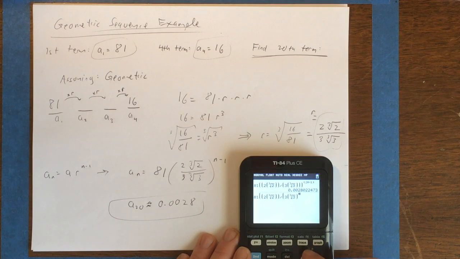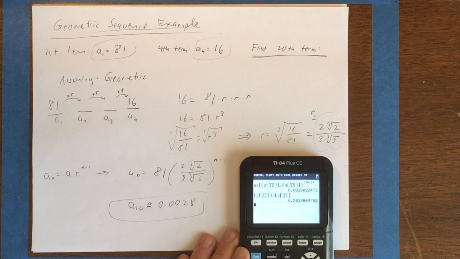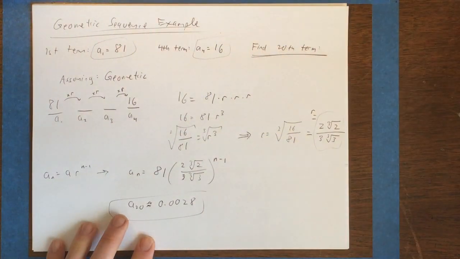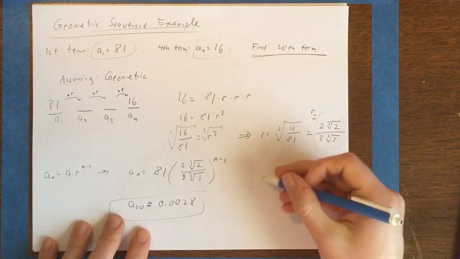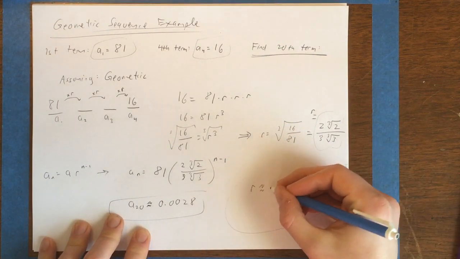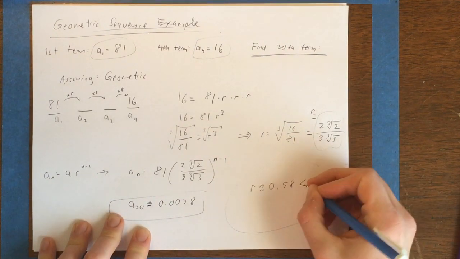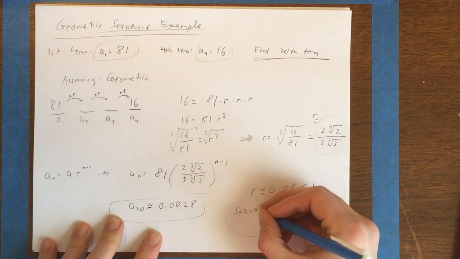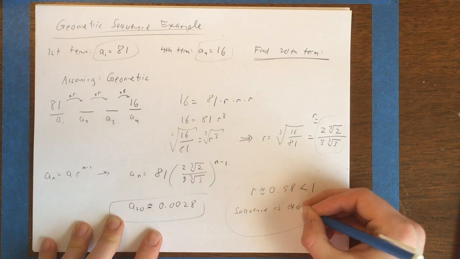Get rid of this exponent, and let's get rid of the 81 in the front. Okay, so 2 times the cube root of 2 divided by 3 times the cube root of 3. That's 0.58 approximately, right? It's an irrational number. But what we have here is a situation where r is about 0.58, which is less than 1. This means that the sequence is decreasing.